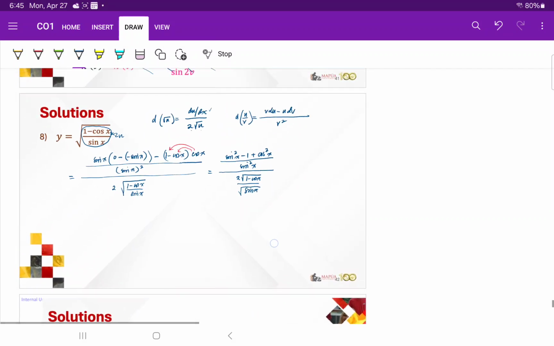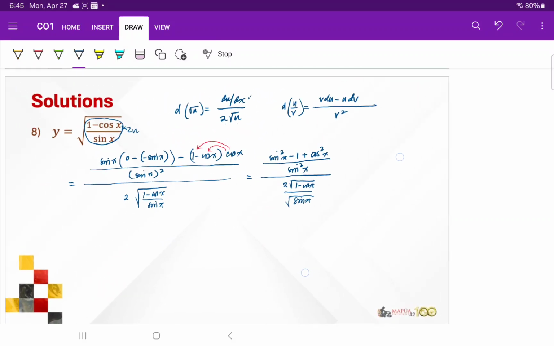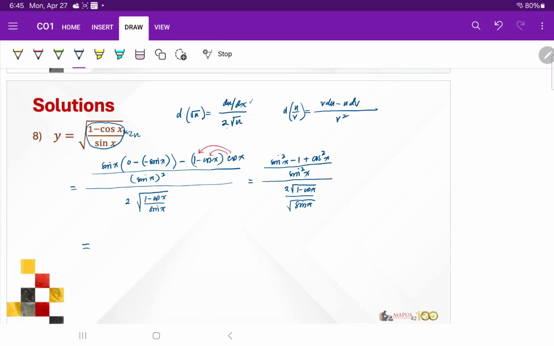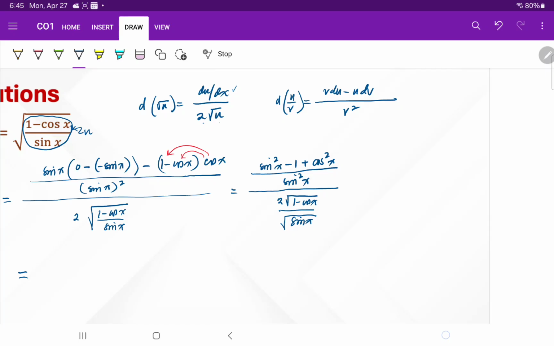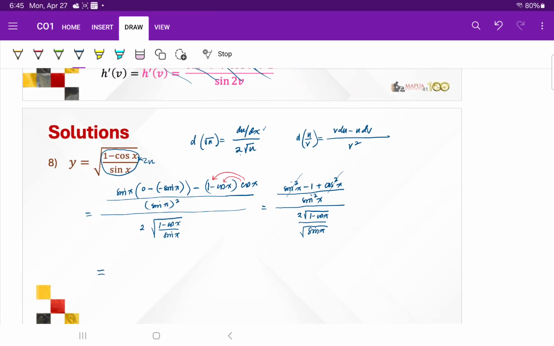Okay, so how do we simplify this? We can simplify this further. Now look. Sine square x plus cosine square x equals what? 1 minus 1. What happened? It became 0. Again, v is sine x, the derivative of cosine. This is 1 or 0 minus negative sine.